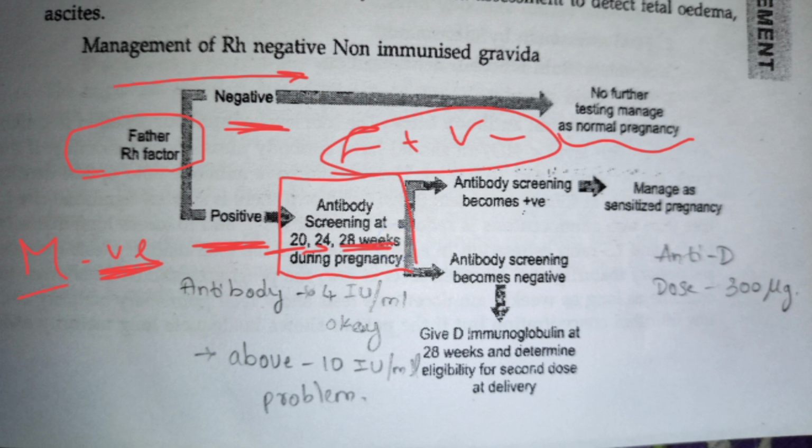For example, if the screening comes negative, then we will provide the anti-D immunoglobulin injection, which is a dose of 300 mg. While if it comes positive, we will provide an injection to suppress the action of Rh.